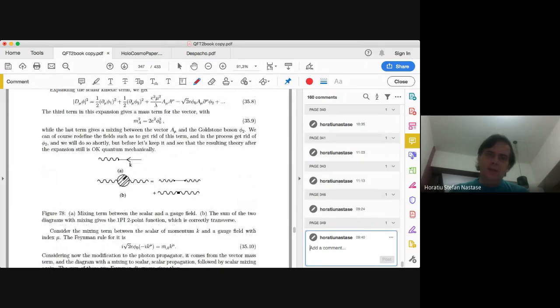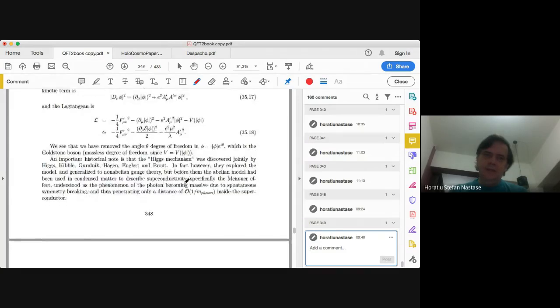So we write the 1PI vertex, quote unquote, for having one vector on one side and one vector on the other side, and then write the trivial part, which is just the mass term, plus another one, which is the mixing vertex times the propagator for the Goldstone boson, and then another mixing vertex.